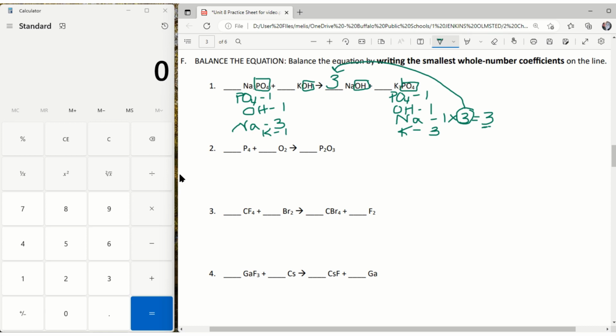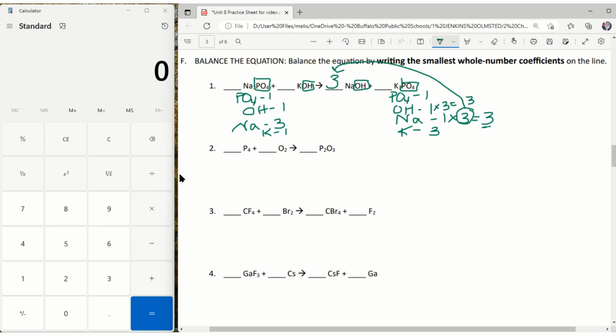But as soon as I do that, it changes this OH. So now that OH is times 3. Well, I fixed the Na and messed up the OH. Okay, great. So let's try and fix the OH now. All right, so remember I can only fix it by multiplying.